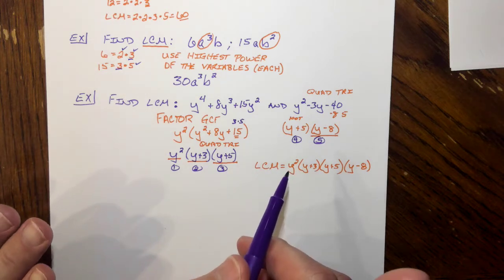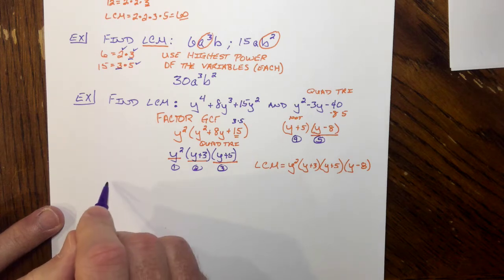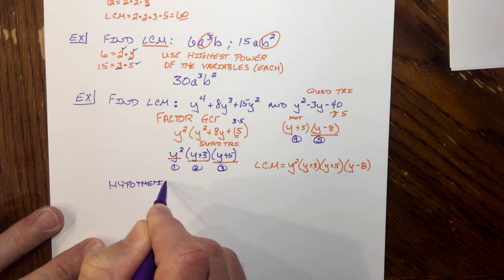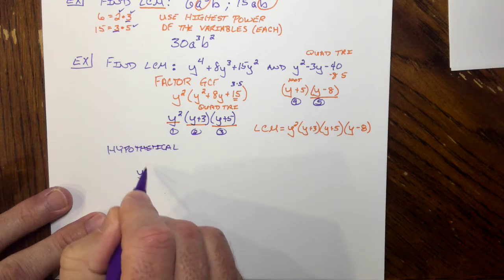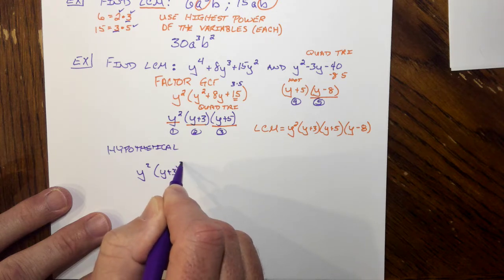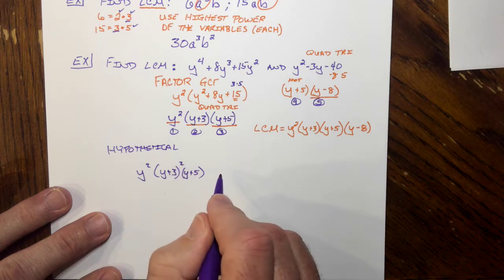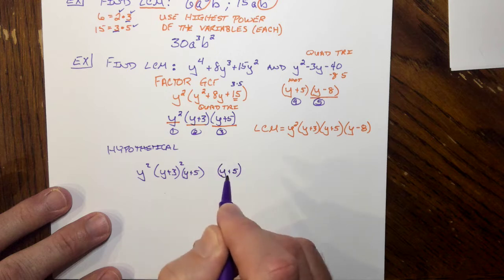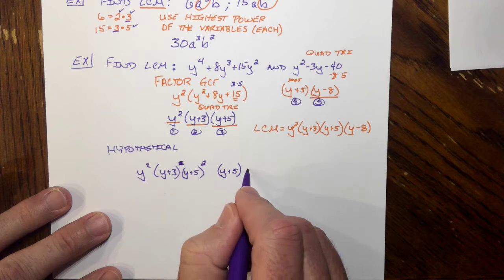Let's say, and again, I'm just making this up, so hypothetical. Let's say as we work this out, we had y squared, y plus 3, the quantity squared, y plus 5. So the only thing I'm changing is that right there. I don't want it there. I want it on this one. That'll help my example a lot better.